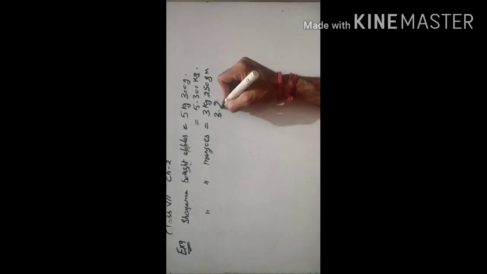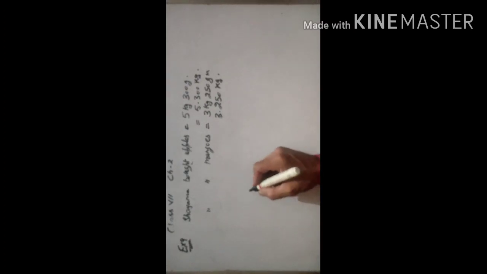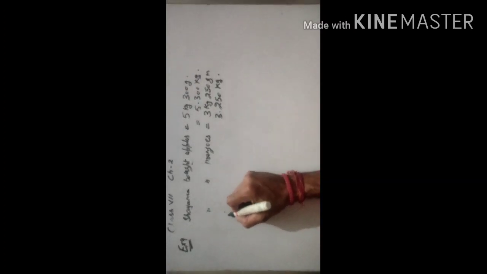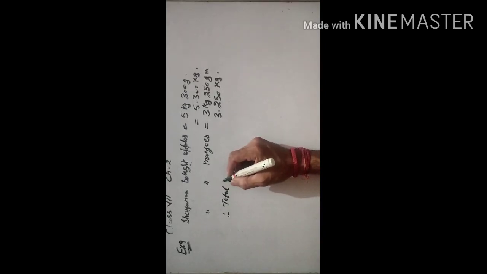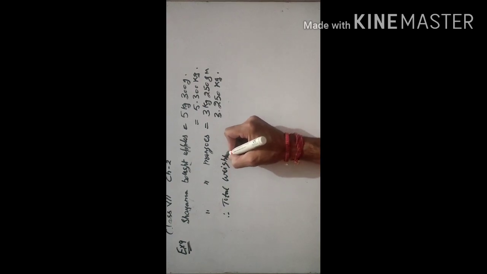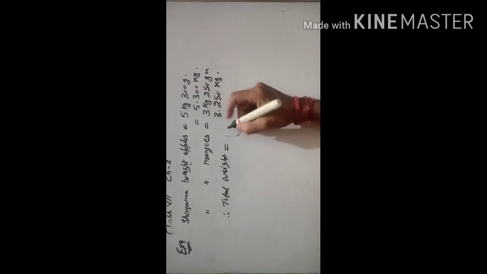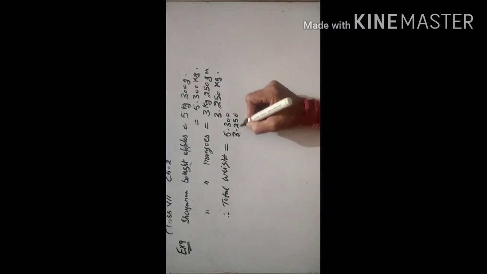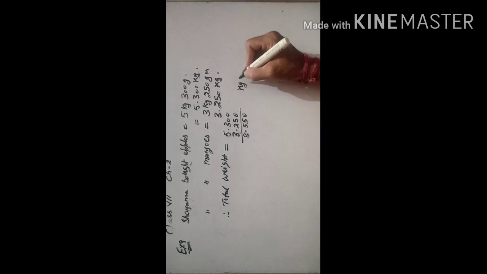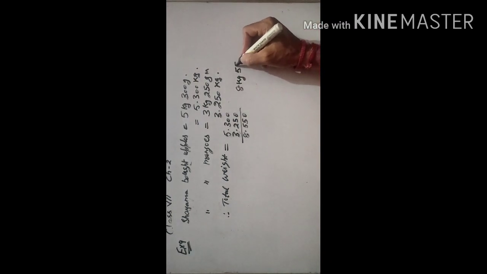That is 3.250 kg. Therefore the total weight is equal to 5.300 and 3.250. That is 8.550 kg, or 8 kg 550 gram.